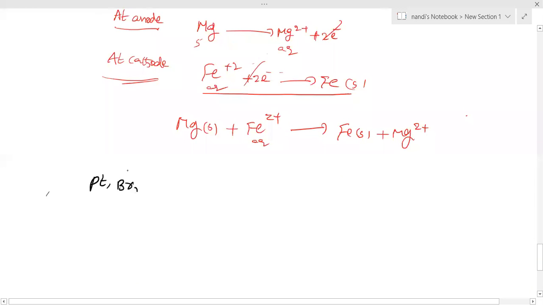And you can see here how we are representing any non-metal electrode. Any non-metal, Br2 is non-metal, sir. Any non-metal is represented like this. This reduction potential is 1.09 volt.